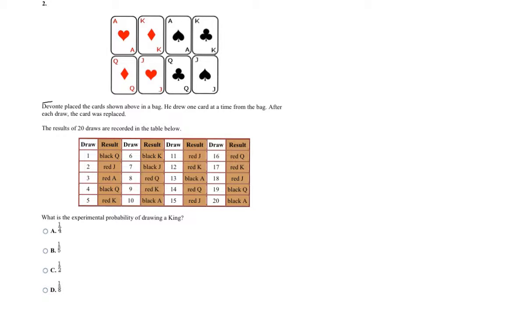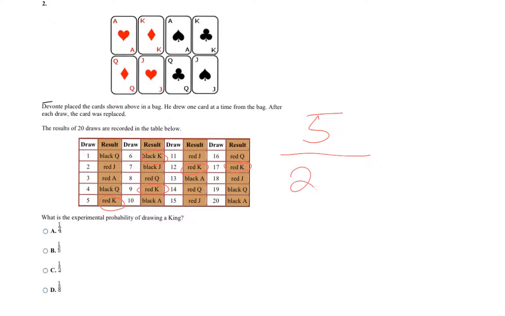So I need to go through and look for how many times a king was drawn. So in the first column, there's 1. In the second column, there's 2. In the third column, there's 1. And in the fourth column, there's 1. So that's a total of 5 times that a king was drawn. So that's the top, my numerator of my probability.